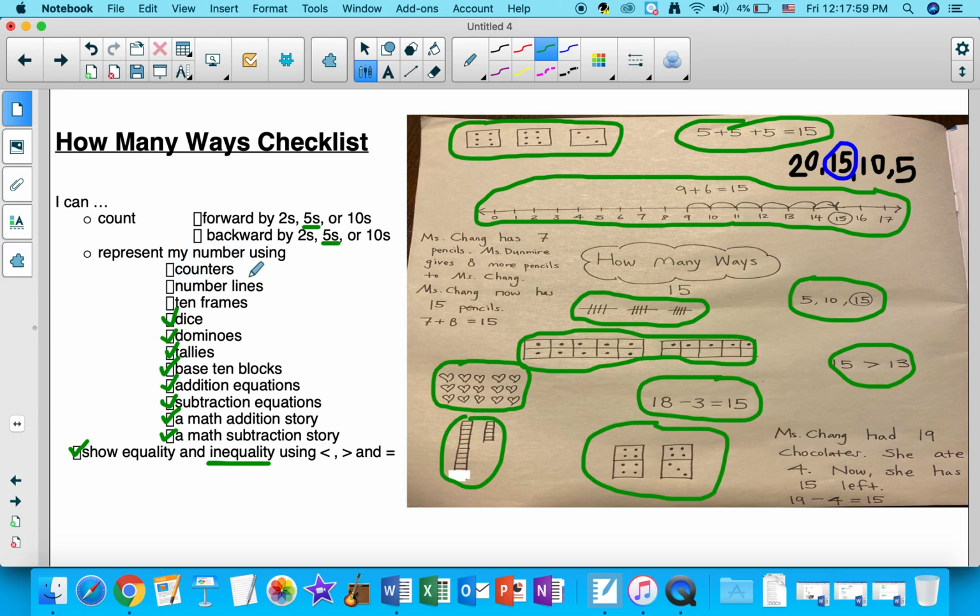Okay, so maybe next week I can use counters to represent my numbers. Oh, today I didn't use my number lines to represent my number. Okay, so maybe next week I could use number lines. So use this checklist to see which ways you haven't used this week. And next week you can try to use the ones that you didn't use.